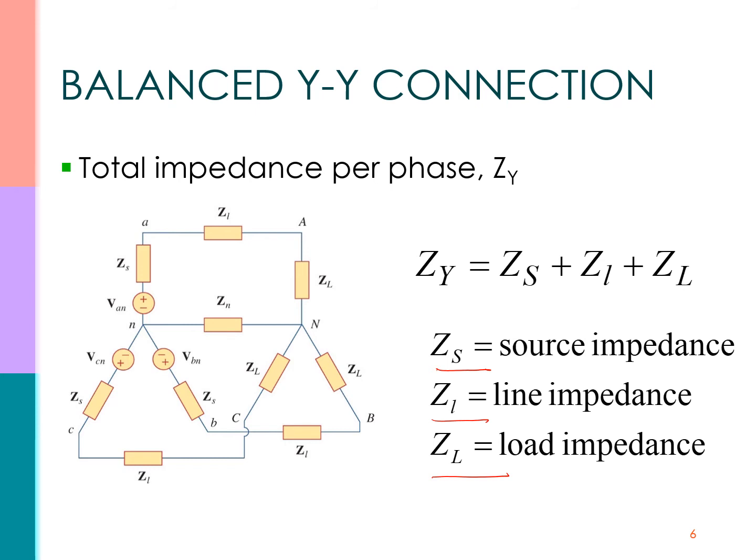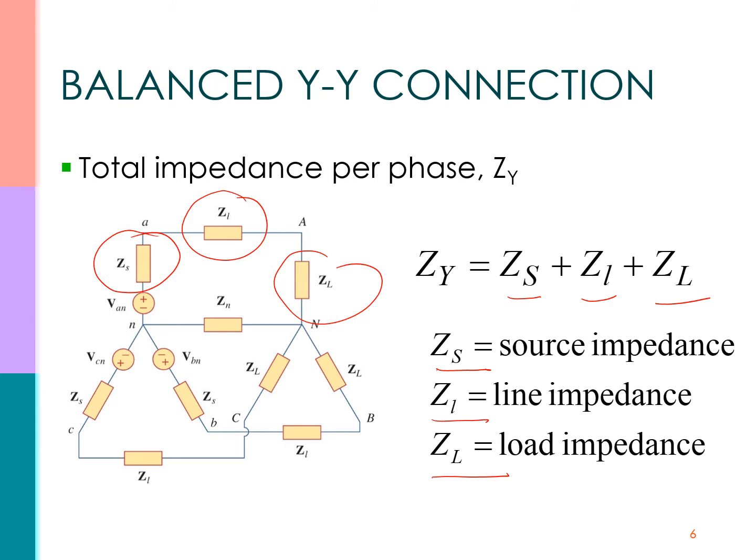So source impedance at the source, line impedance at the line, and load impedance at the load. ZY is calculated as the total impedance per phase, where ZY is equal to Z source plus Z line plus Z load.